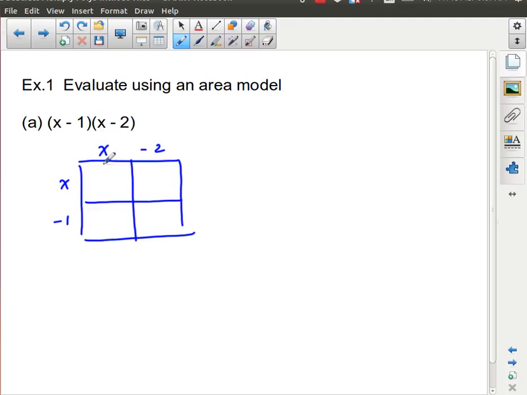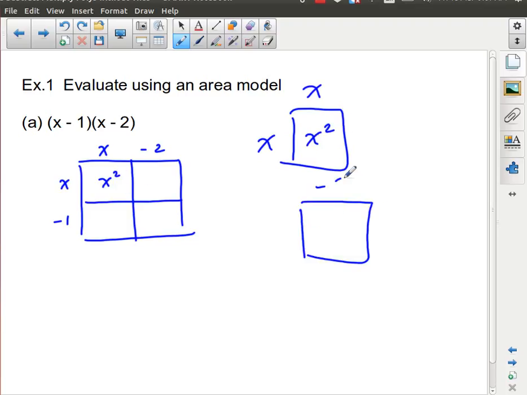And now, again, I form areas, except now I'm going to do a little bit of the algebra rather than relying on the tiles. So what is x multiplied by x? If I had just this, x and x, well, that would give me an x squared. That's what I have here. If I had -2 and x, that's -2x.